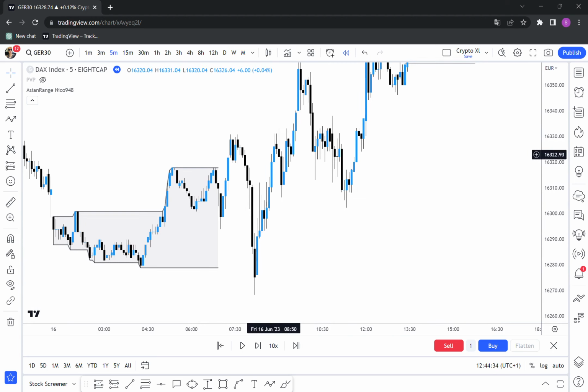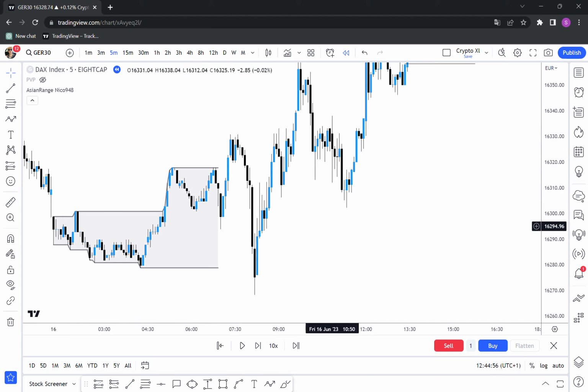There are no gaps here. There was this gap here, but the market with this candle covered this gap. Here and here we had a gap, only bullish movement, and then the price came back filling this gap and then went to the upside.